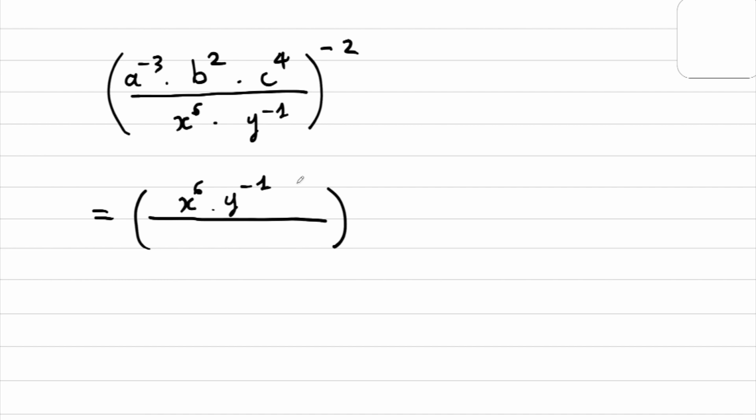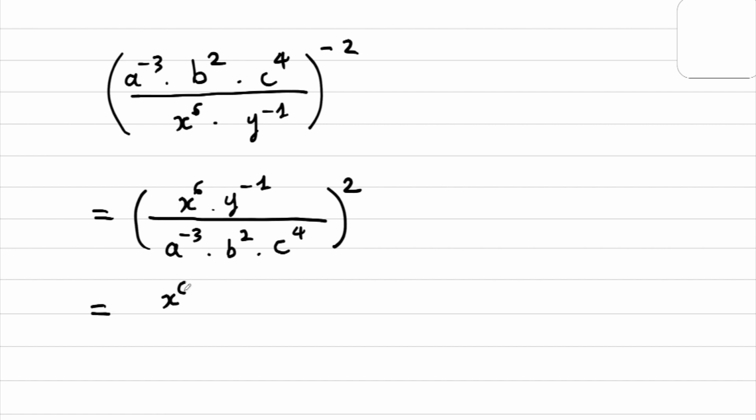And when I say change position, I will not change anything in this expression. So the same thing like a to the power of minus 3, b square, and c to the power 4 here. And now I already take the reciprocal of the base number. So the outside number will change from negative to positive 2 here.